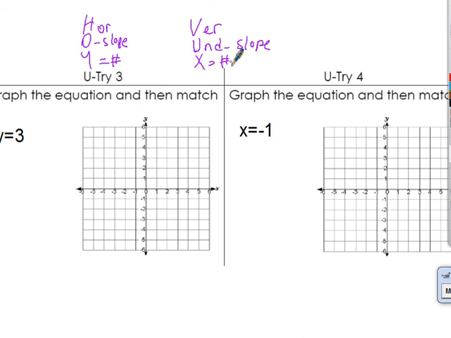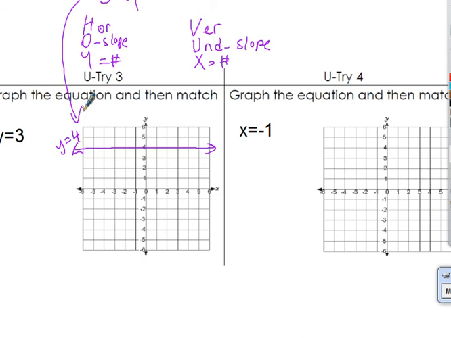If I were to have y is equal to 4, I would graph y is equal to 4 as a horizontal line passing through 4, and equation of the line would be y is equal to 4. This is for this example right here.